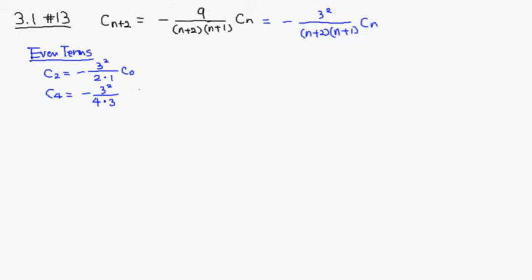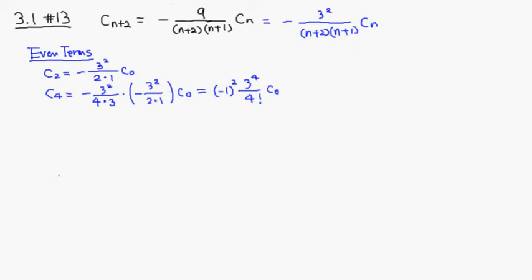C2 is right here, so I'm going to just put that in: negative 3 squared over 2 times 1 times C0. Then you can clean it up a little bit. There are two negative signs, so it's negative 1 squared. And 3 squared times 3 squared would be 3 to the fourth power. Then you have 4 times 3 times 2 times 1. Easy way to say that is 4 factorial and C0.